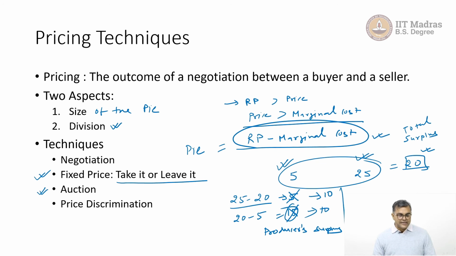Similarly, another technique is price discrimination. When different copies of the same product are sold to different people at different prices, mind you, sometimes it is illegal. So, sellers do it in a very smart way. Like for a book, they will come up with a hardbound immediately and a soft cover much later.